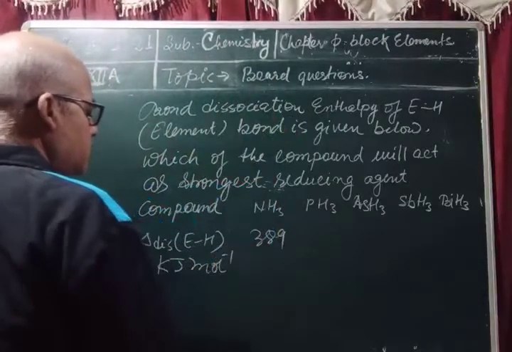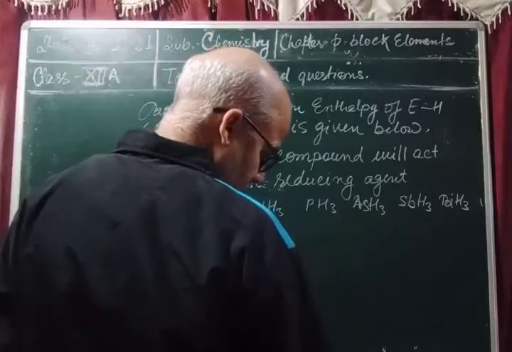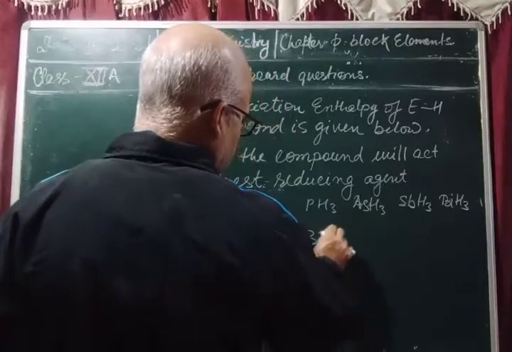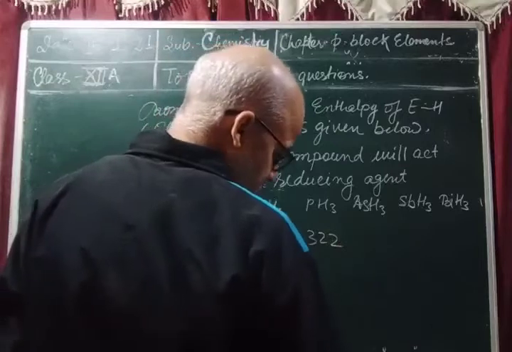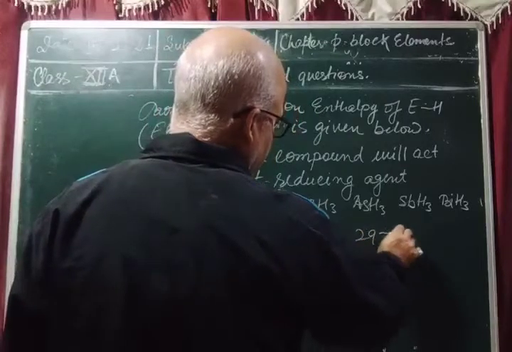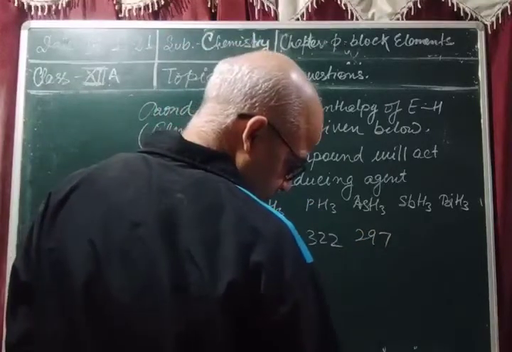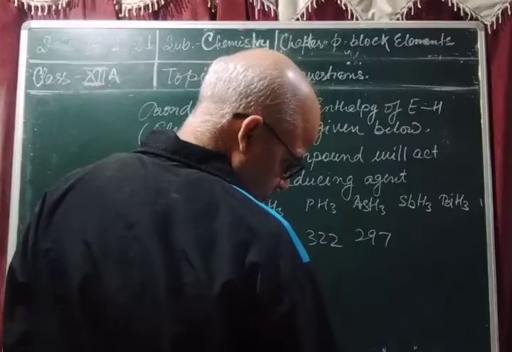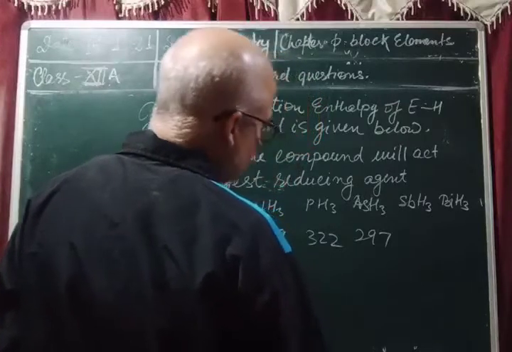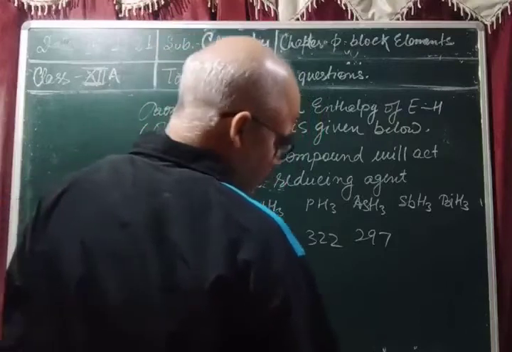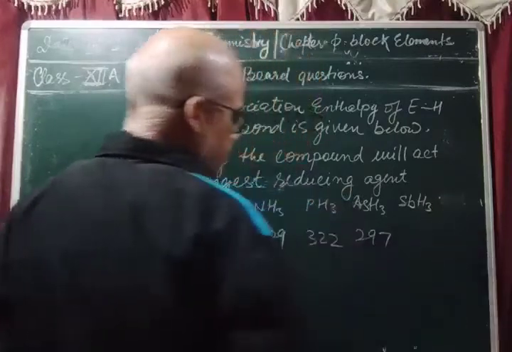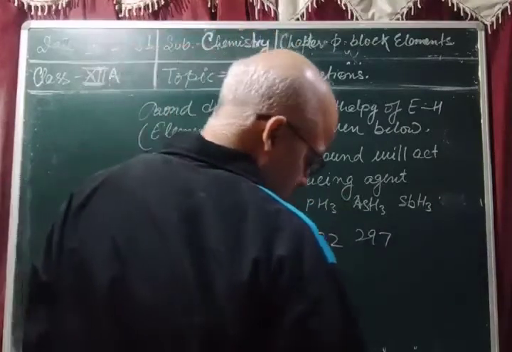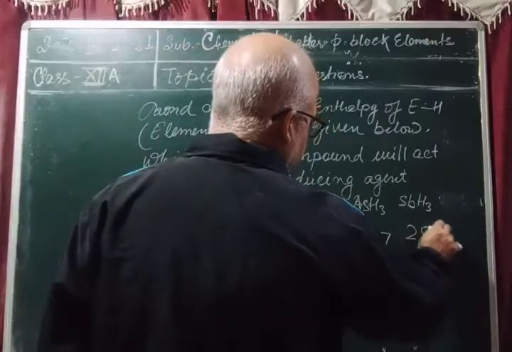This is the unit. Then 322, then 297, then 255.